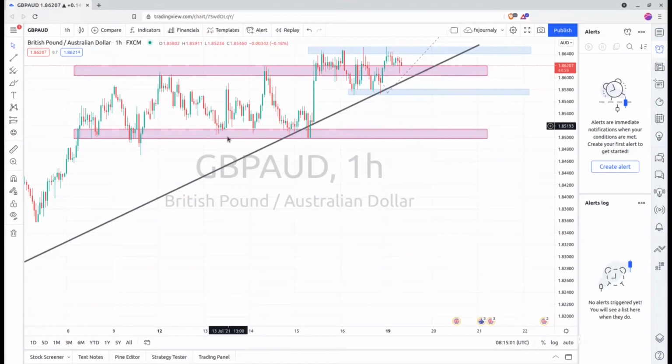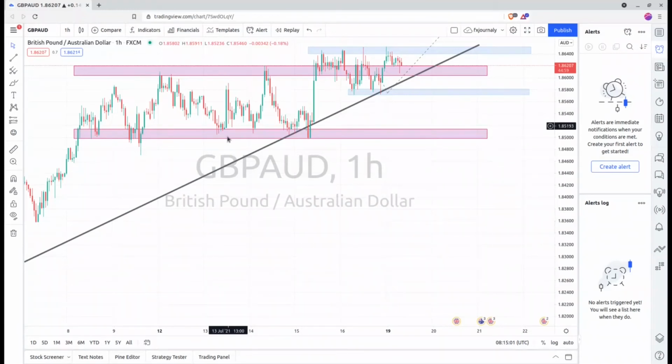Now, because I missed this move where price spiked down into support and then rejected and started moving in the bullish direction, I got in on the opposite direction. I got in on the move that's now trying to head back down and test support.